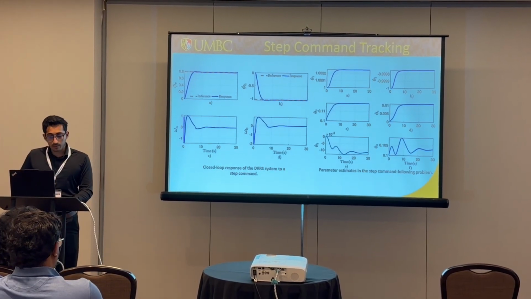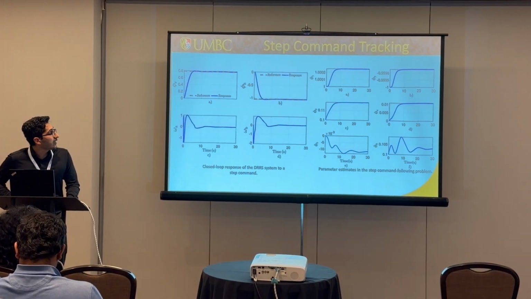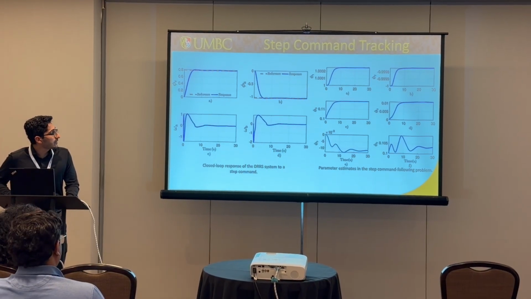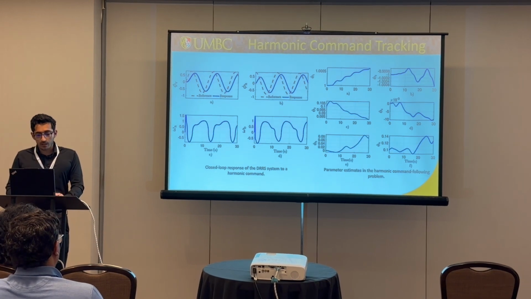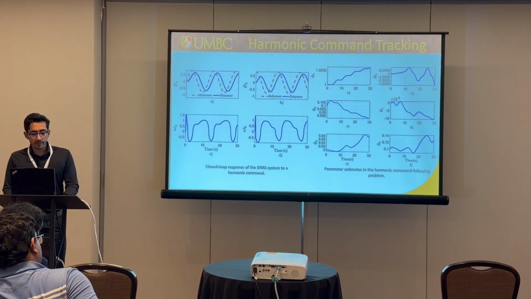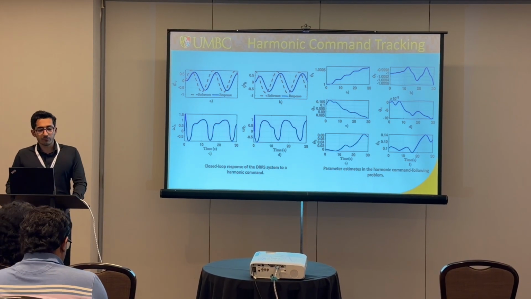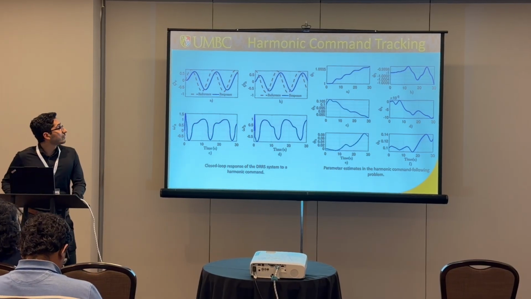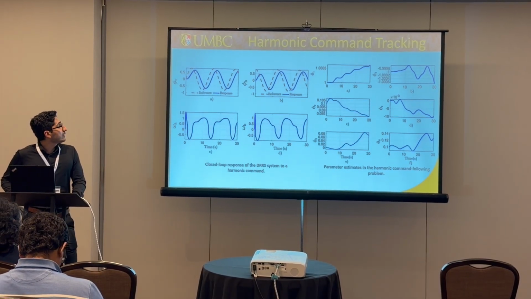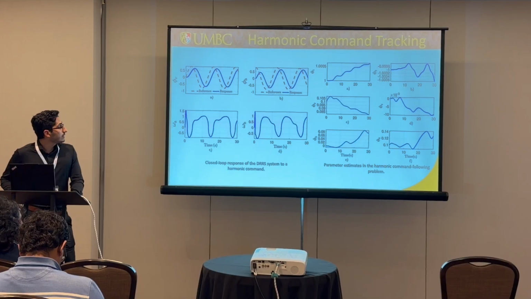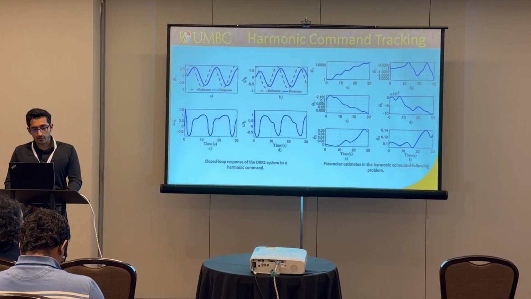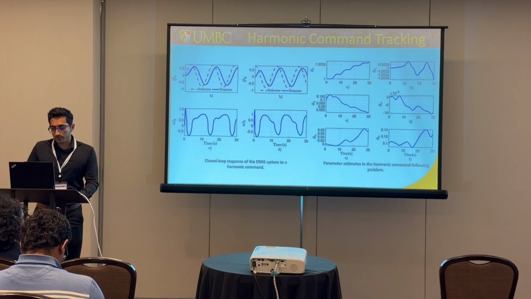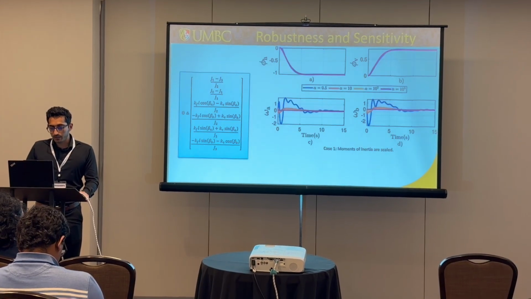The figure on the right shows the parameter estimates and how they evolve through time. Then we do harmonic command tracking, where we want to follow a harmonic angle on both the horizontal and the vertical axis. You can also see the control inputs and how the parameter estimates evolve over time.